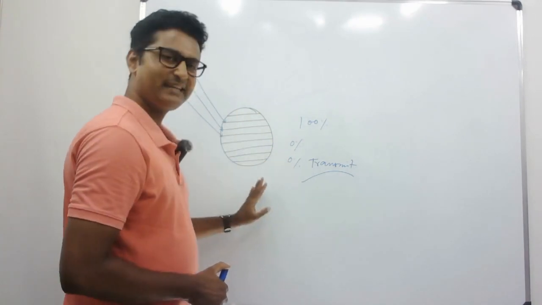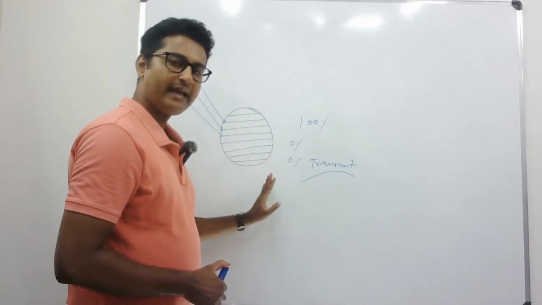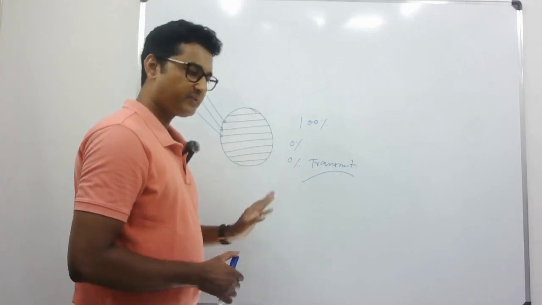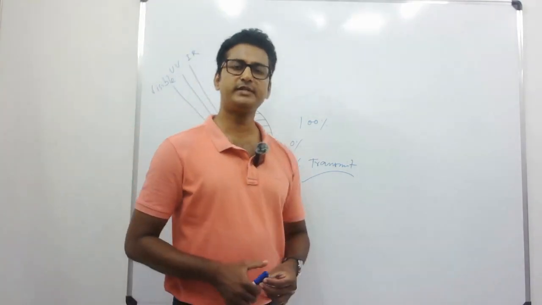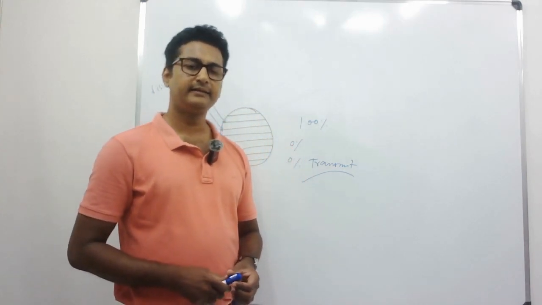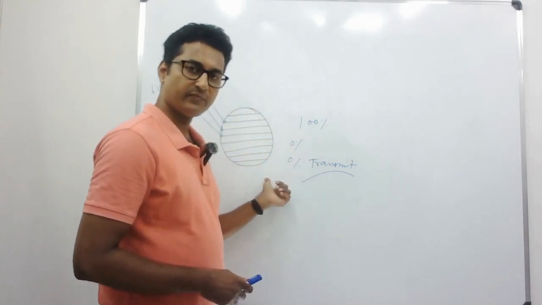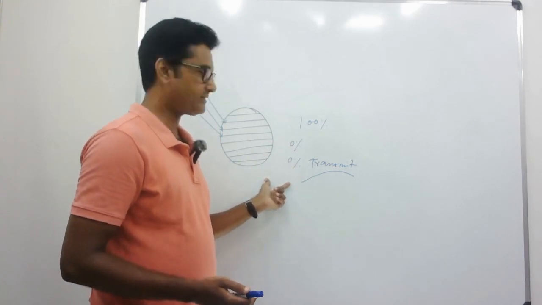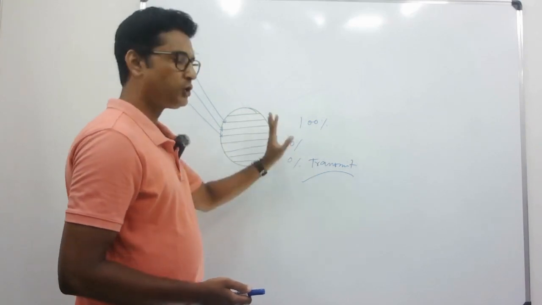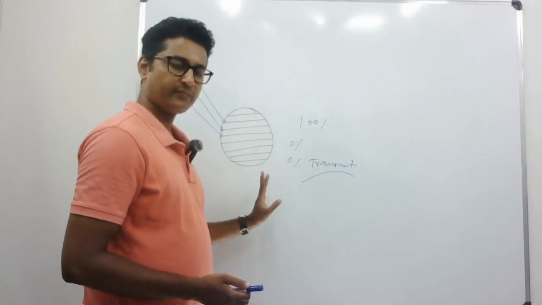So this is completely an ideal concept. There is no substance in nature which is completely a black body, right? So we can give some examples, right? So this is the concept of black body.